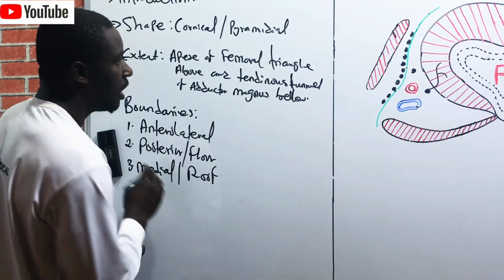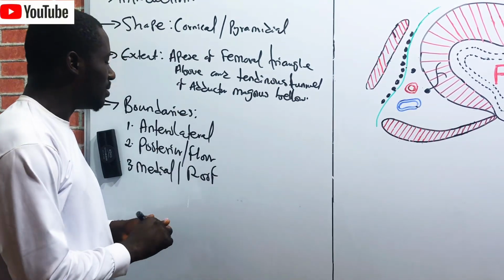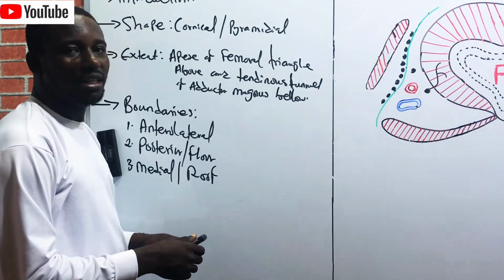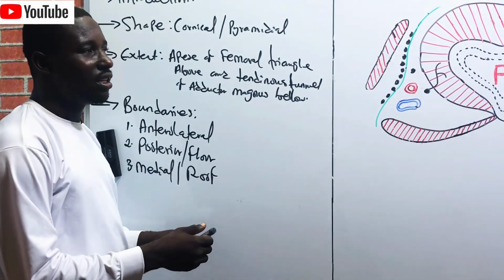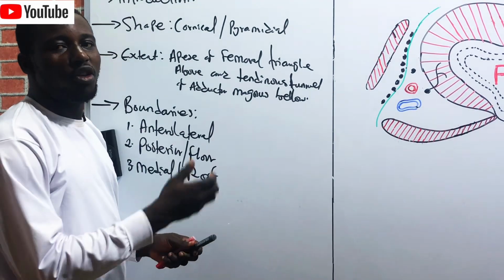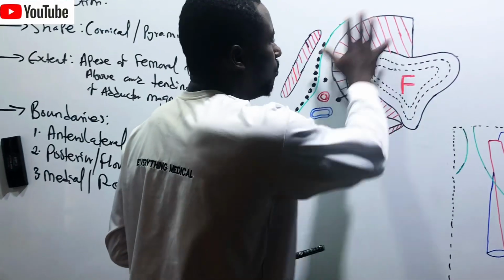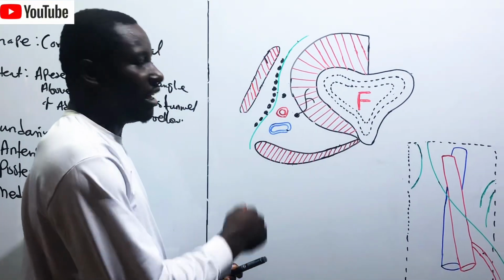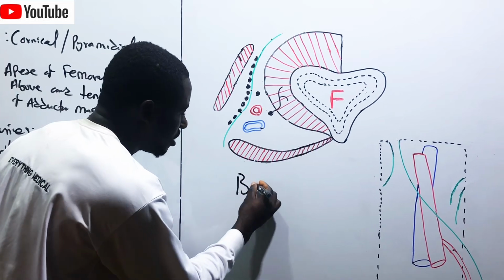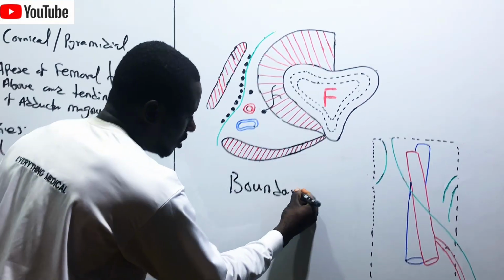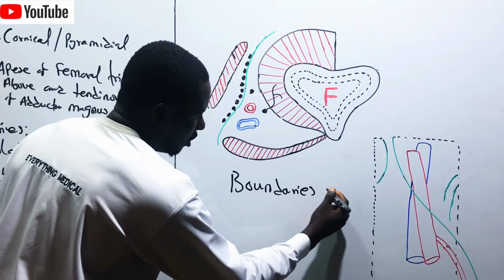The adductor canal is bounded anterolaterally by the vastus medialis. That means the vastus medialis forms the anterolateral boundary of the adductor canal. So this diagram depicts the boundaries of the adductor canal.